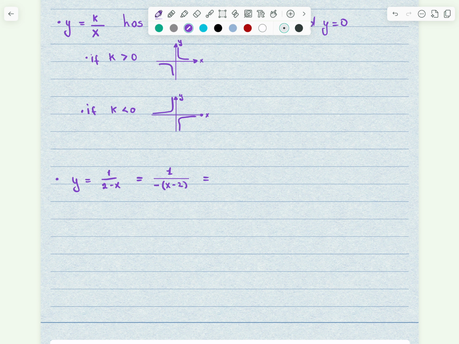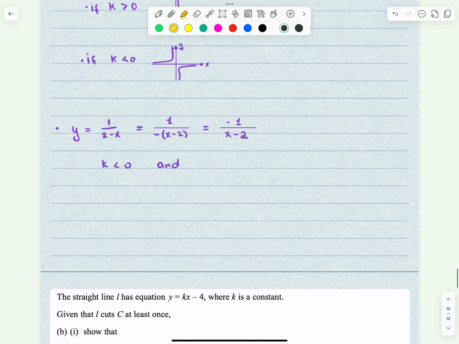If I take this negative sign to the top of the fraction, that will be negative 1 divided by x minus 2. So k is negative; I'm going to write down here k is less than 0. Now we're going to talk about the asymptote. In reciprocal graphs, or fractions, the denominator cannot be 0, because we are not able to divide by 0.